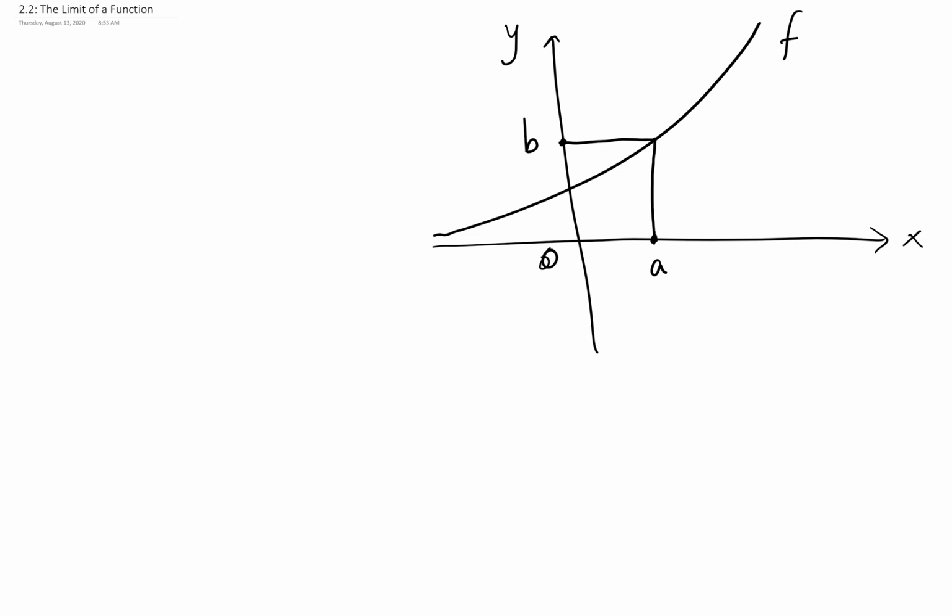If I pick a point here and project it up, that would be the corresponding y value. If I pick a point here and project it up, that would be the corresponding y value. If you do it from the other end, project it up, get closer, project it up, get closer, project it up.